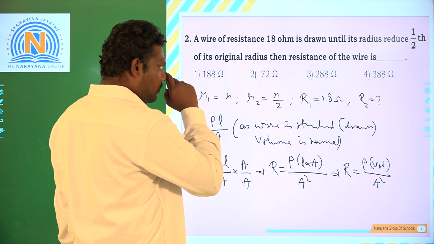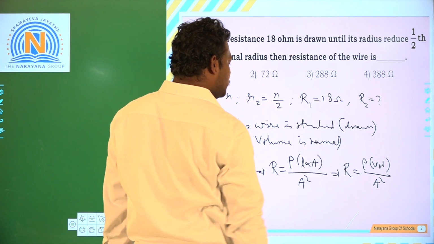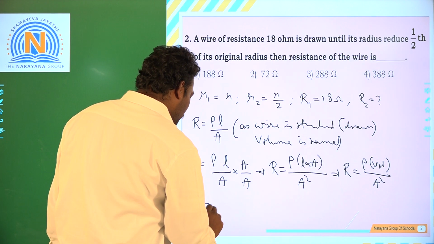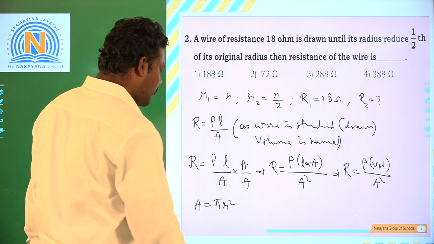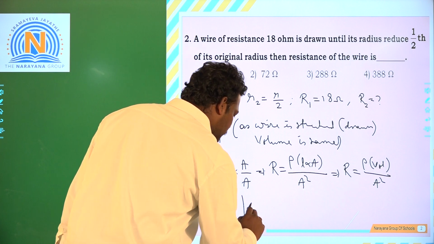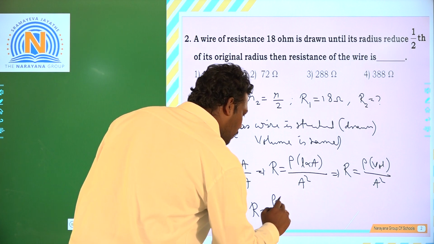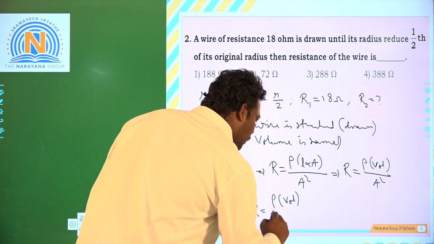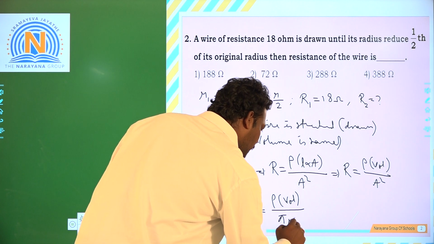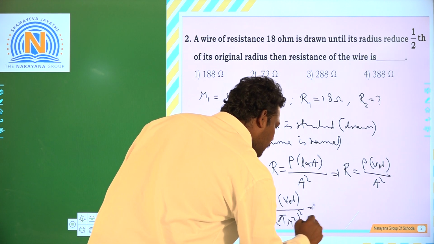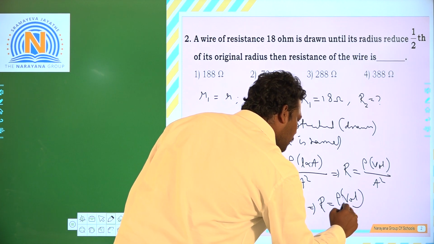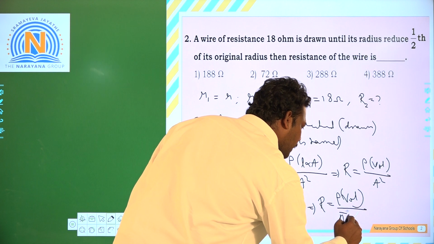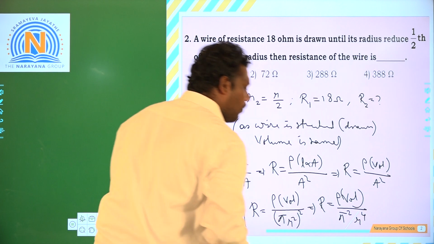But as we are speaking about radius, the area will be equal to pi r square. Then the resistance will be equal to rho into volume by pi r square whole square, so resistance equals rho into volume by pi square r power 4.